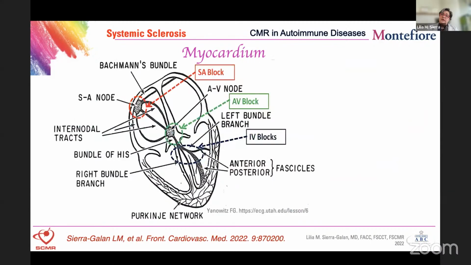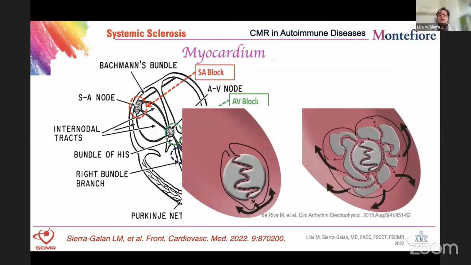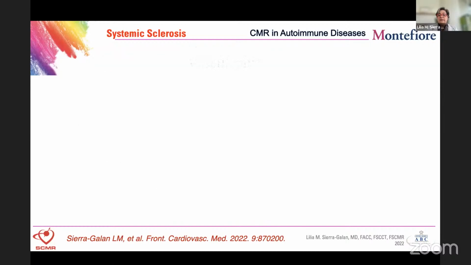So we are going to have different types of conduction disturbances: atrioventricular junction, or from the bundle or its branches, or even within the ventricles. So it is a risk for lethal arrhythmias.